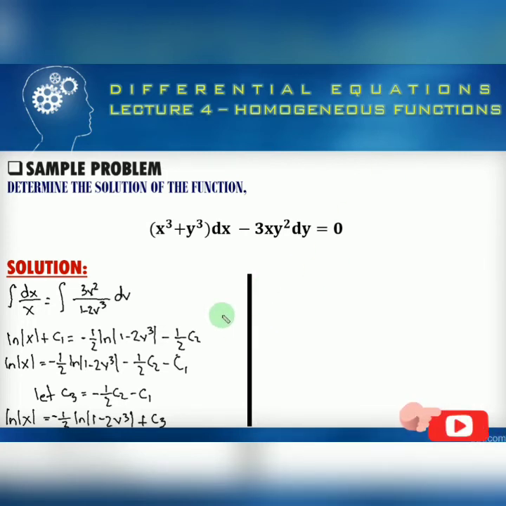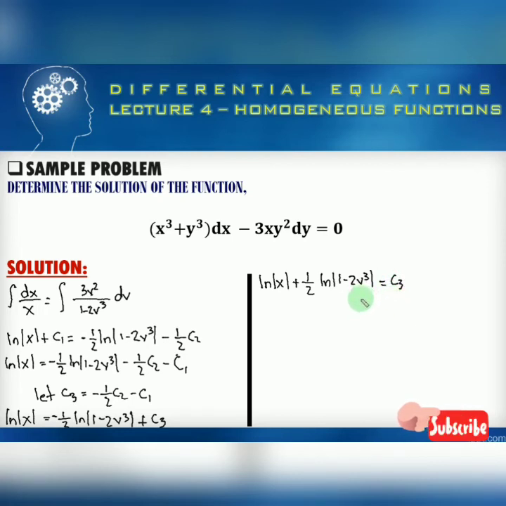So we have here ln of x plus 1 half ln of the quantity 1 minus 2b cubed is equal to this constant c3.